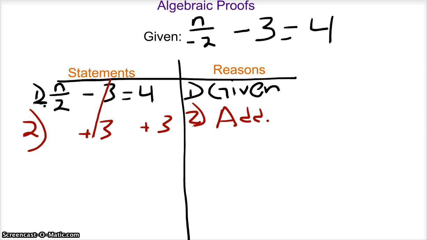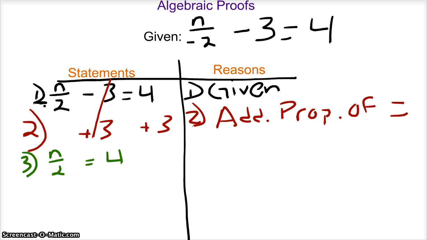Addition property. And I'm going to use abbreviations. Of equality. Step 3. Is I would be left with n divided by -2 equals 4. So remember on the other one, I skipped the plus 3 part. I wouldn't have showed my work right there. So this time, my reason would just be simplify. So when you show your work, you will have simplify as some of your reasons.